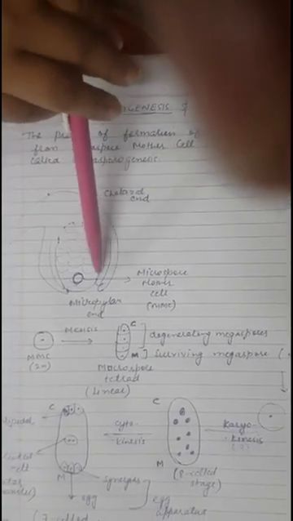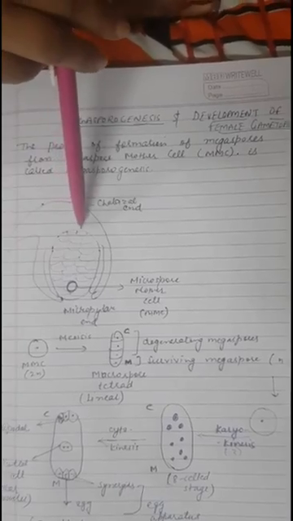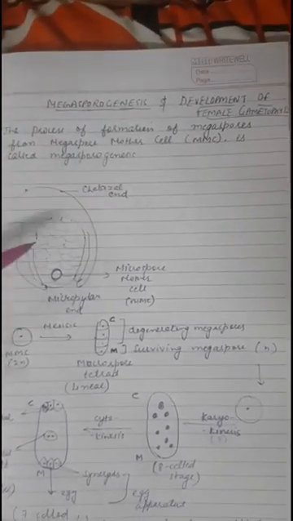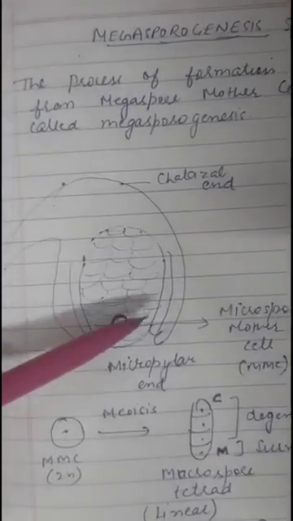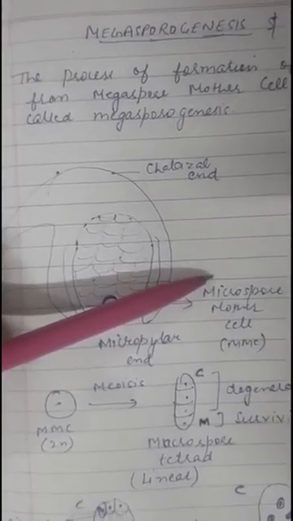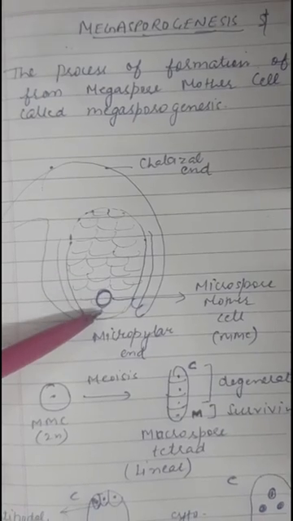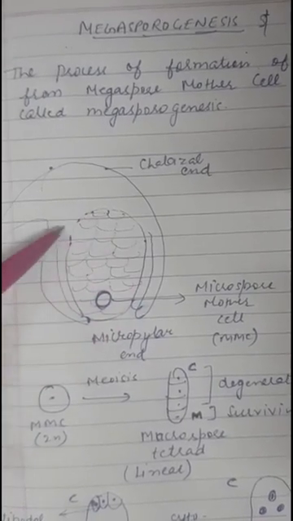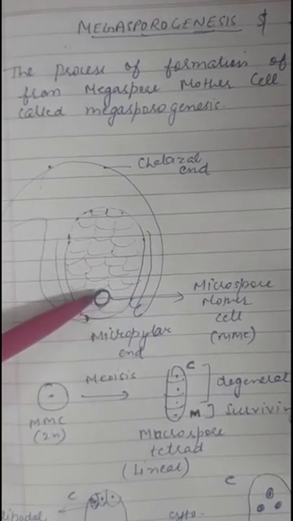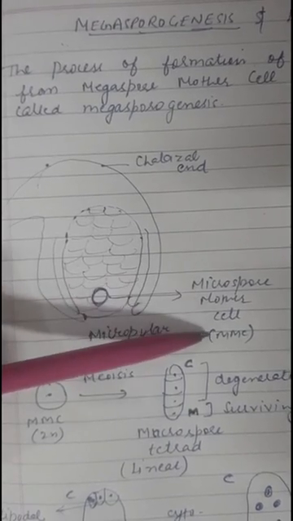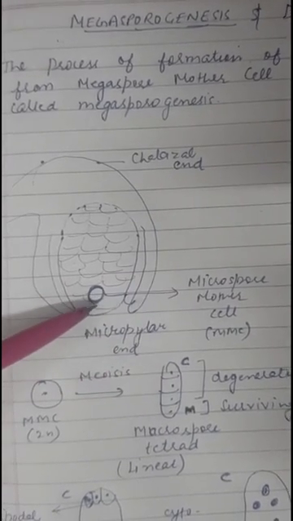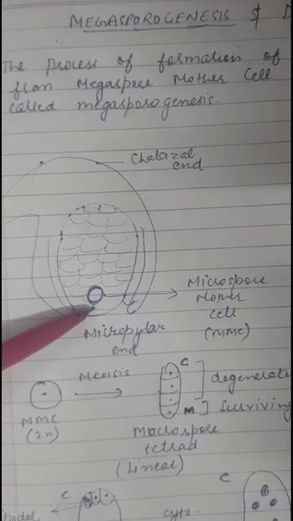Out of these cells of the nucellus, one cell towards the micropylar end will act as the mother cell. Out of this whole nucellus tissue, one cell will act as the mother cell, here towards the micropylar end.